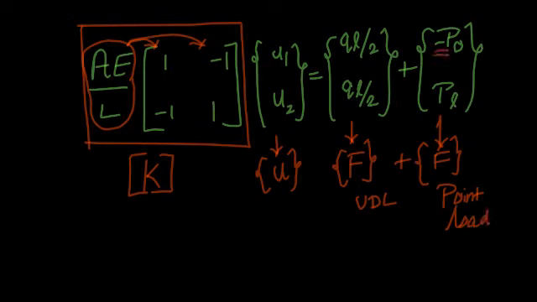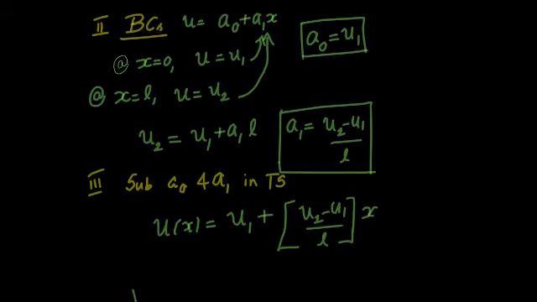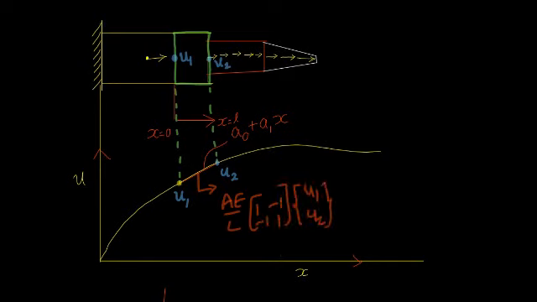But what is the physical meaning of this matrix? How are we going to assemble the matrix? For this particular case, we have the expression AE by L, 1 minus 1, minus 1 1, U1 U2, followed by the load QL over 2, QL over 2, plus the force due to the point load minus P naught PL.